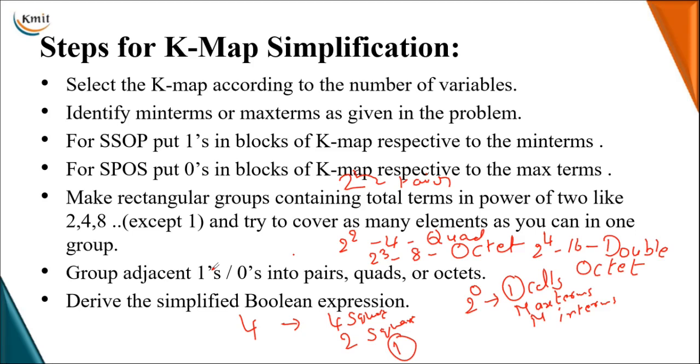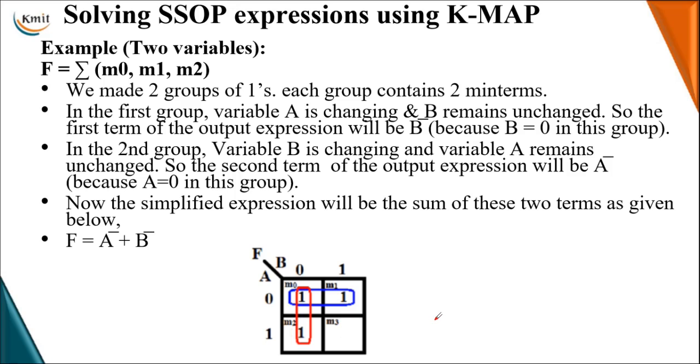If you take the product of all the sum terms in SPOS, you can derive your simplified Boolean expression. After this, you have to realize it with logic gates as well as universal gates.